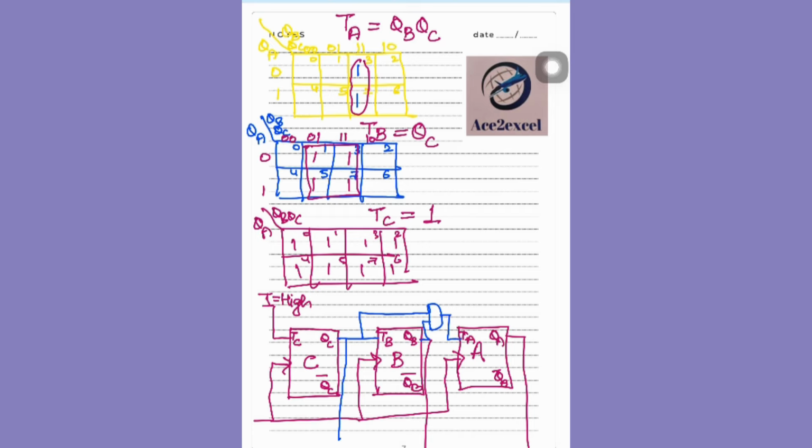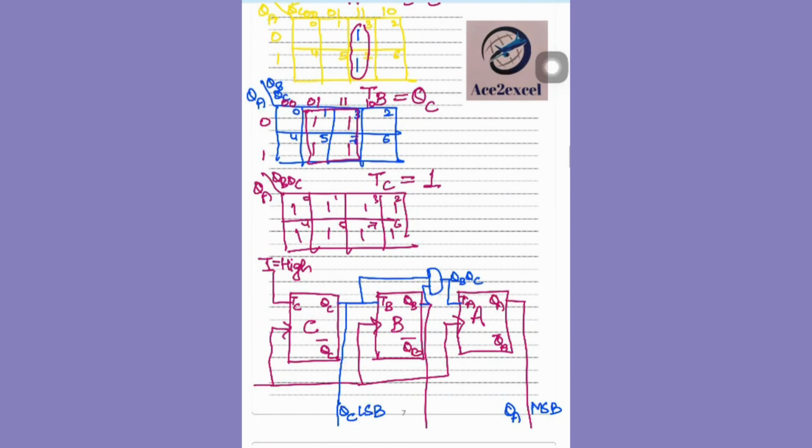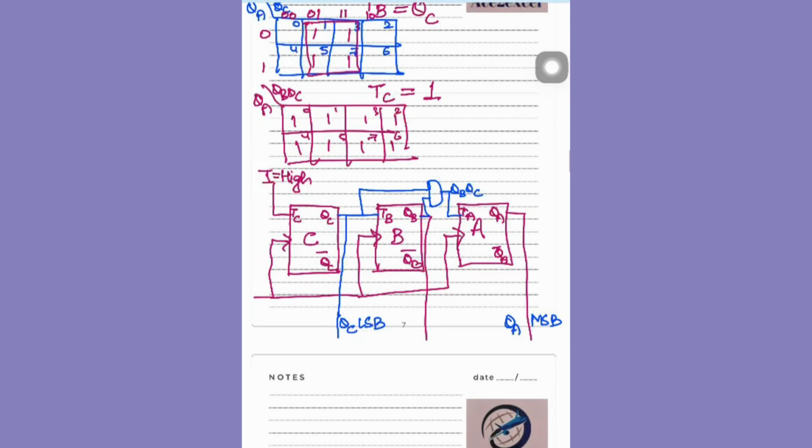And this AND gate's output, which is QB·QC, is given to TA. And this is QA, MSB and QC, LSB, and this is how you will design a mod 8 3-bit synchronous up counter. I hope you have understood the topic. If you have any doubts, you can reach me.